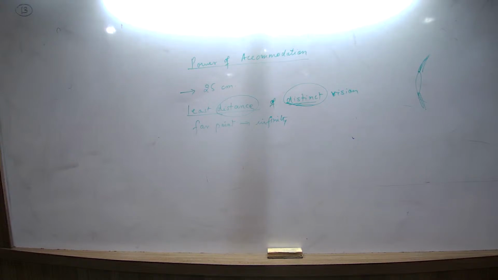Continuing the same sentence, it is infinity for a normal eye. For a normal eye, so what distances can we see the objects? It is between 25 centimeters and infinity.